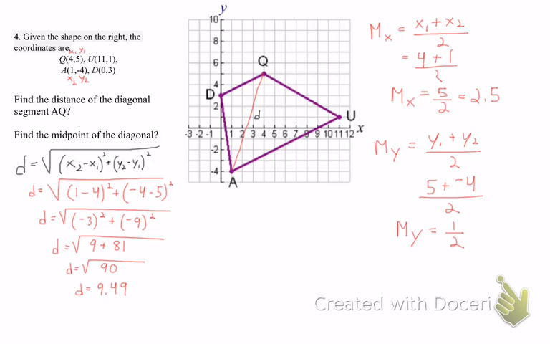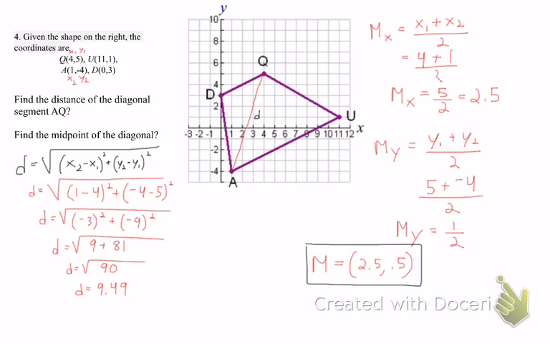So our midpoint, our M, is equal to the coordinates 2.5, 0.5. And I'll box in the answer when we're done.